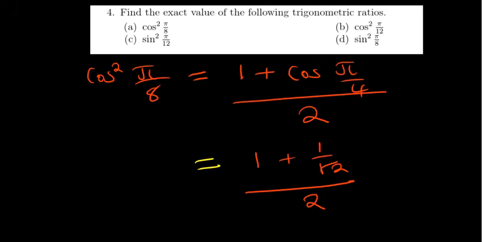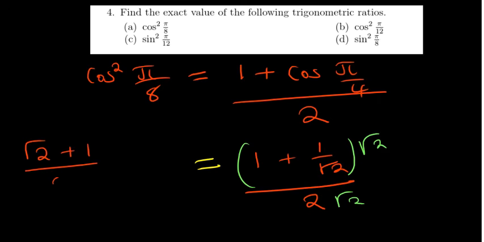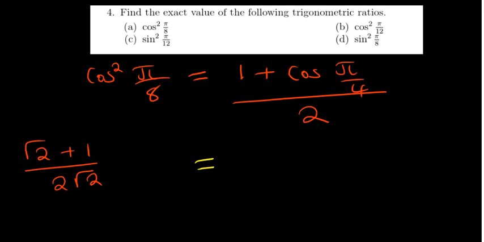At this point, you can multiply both the numerator and the denominator by root of 2. If you multiply the top part by root of 2, and then on the bottom as well by root of 2, what you're going to get is 1 times root of 2 will be root of 2. Where we have 1 over root of 2, it will just be 1, and then on the bottom it will be 2 root of 2. At that point you're at liberty to simplify that.